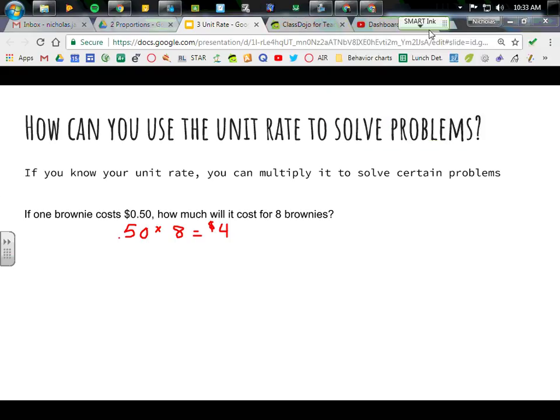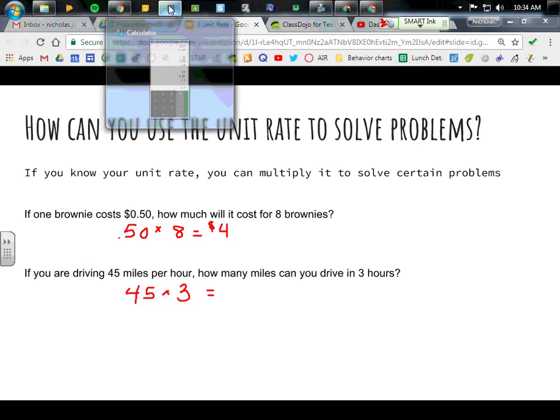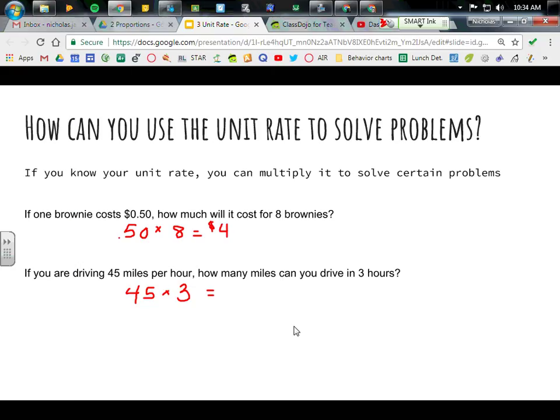We multiplied. If you're driving 45 miles per hour, so 45 miles in 1 hour, so that's your unit rate, how many miles can you drive in 3 hours? So 45 miles per 1 hour times 3 is going to give you, I'm just being lazy right now, 135.